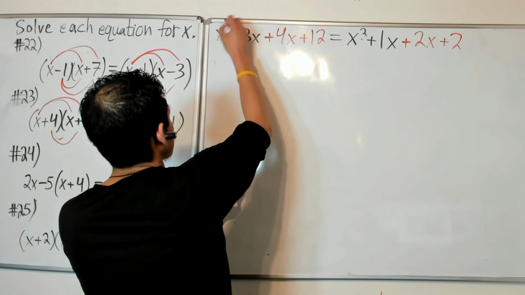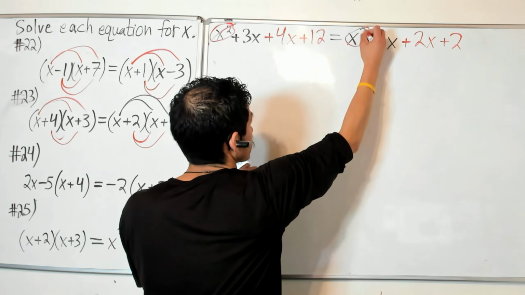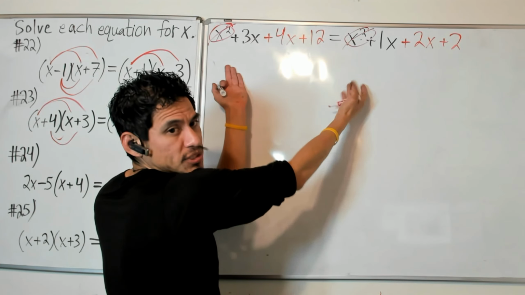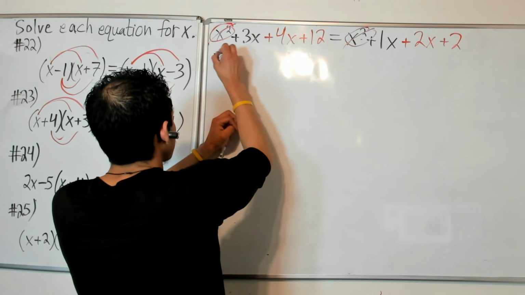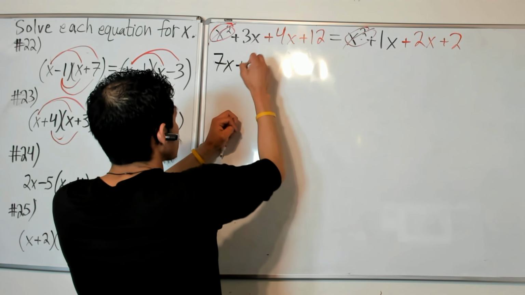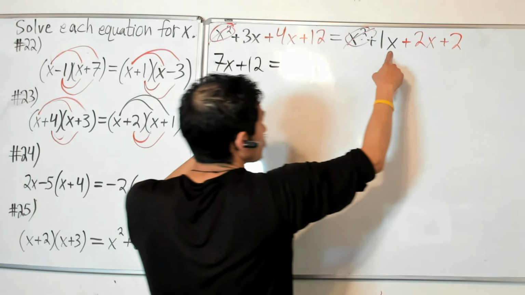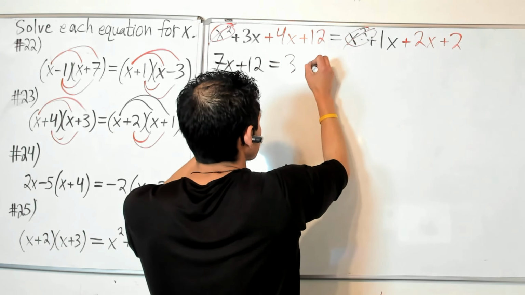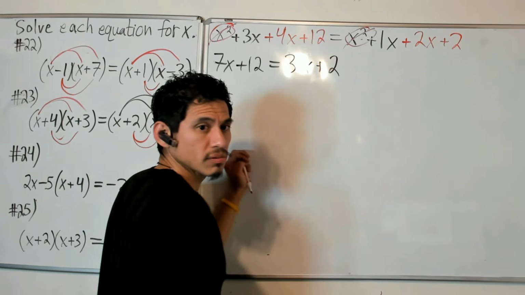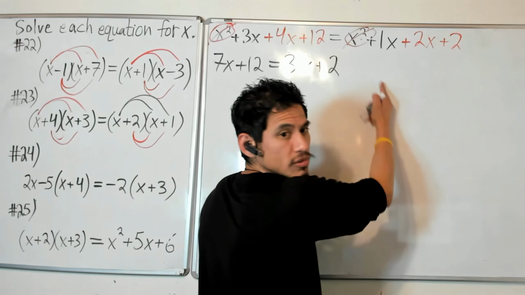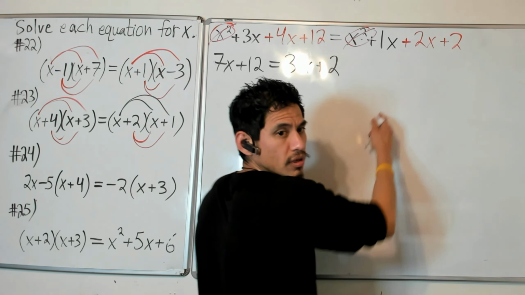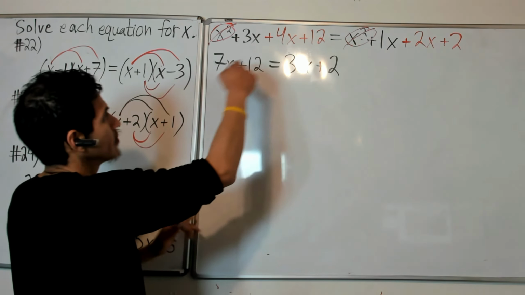So right away, you can probably just get rid of these x squares if you can see that there's only one x squared on each side. Combining the 3x and 4x on the left, we get 7x plus 12 is equal to 1x plus 2x, so 3x plus 2. Let me just work it down.